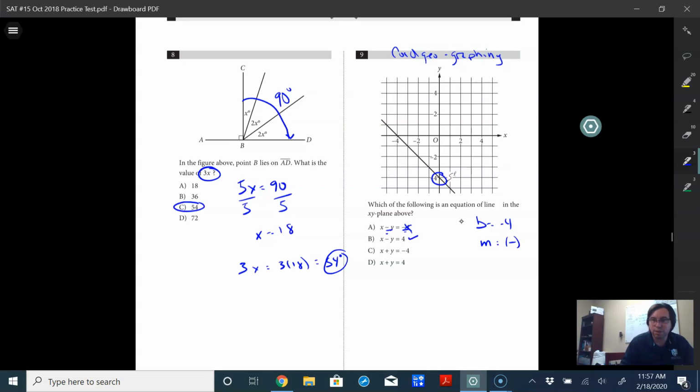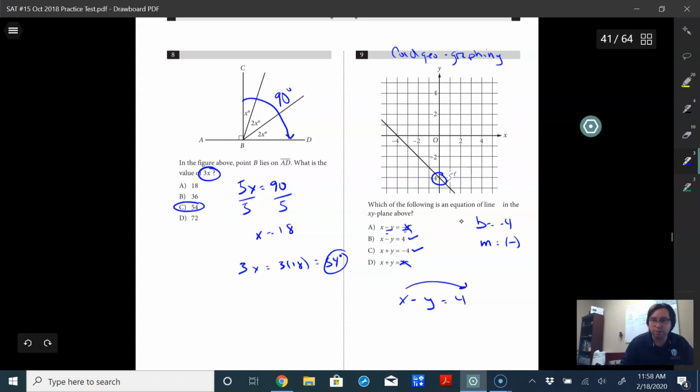Same thing here, we divide by y, this is already a -4, so that's going to be good. And in here we have no negatives, so that's already a +4, so it's not going to be a -4. So that means that is wrong. So now we're looking between B and C. If I write B out, I have x minus y equals 4. I then need to move this piece over here.